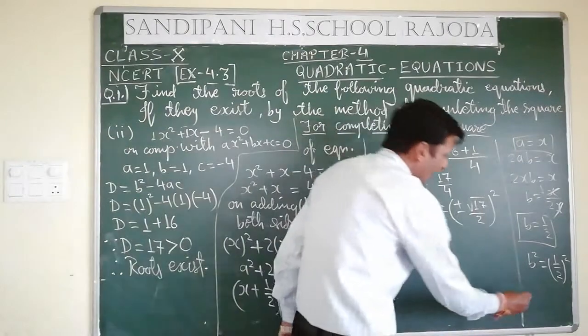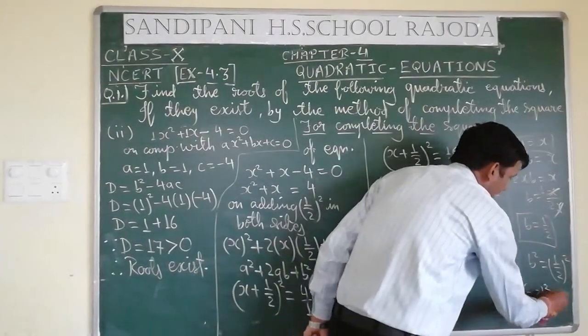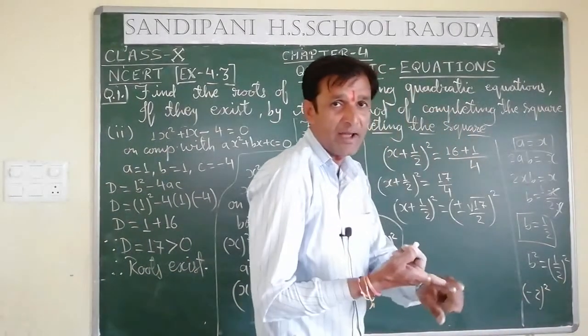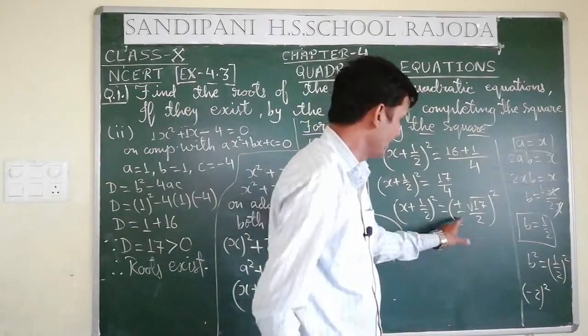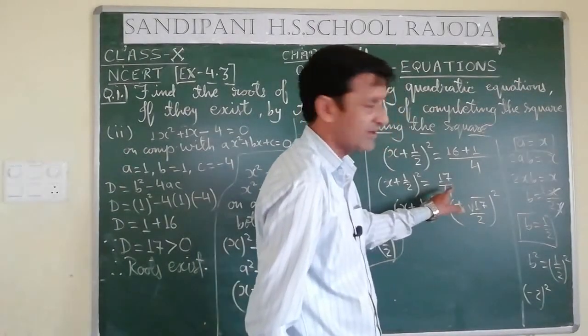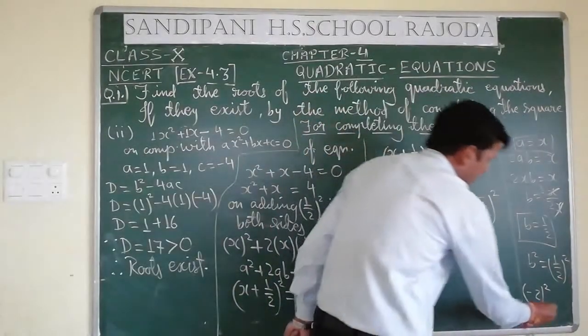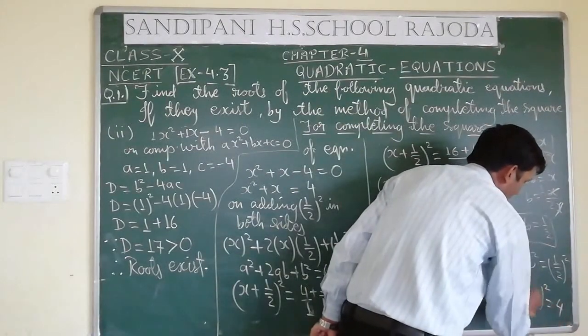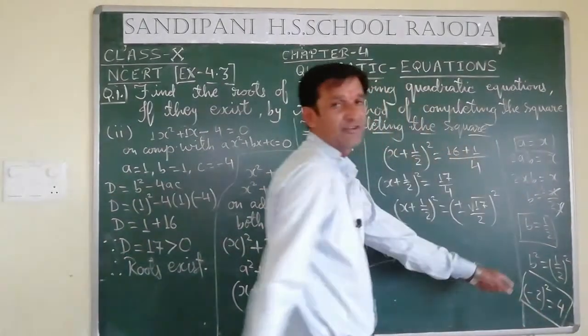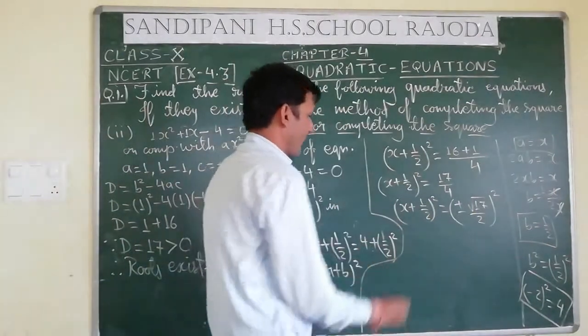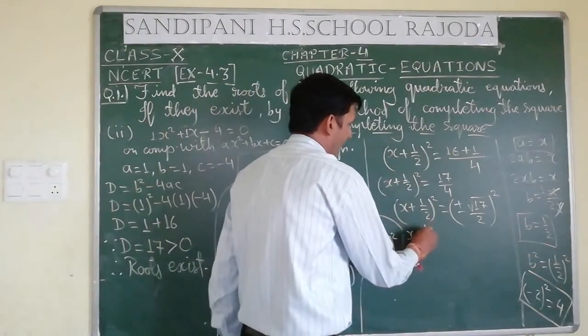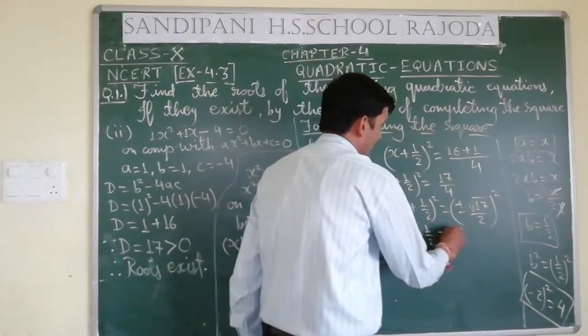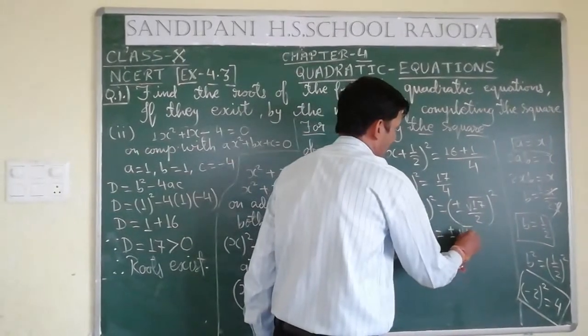Because as you know, minus 2 square, that is minus 2 into minus 2. So minus into minus is always plus. So negative 17 by 2 square is again 17 by 4. Because minus 2 square is 4. This is the example which I have told you. So now x plus 1 by 2 is equal to plus minus root 17 by 2.